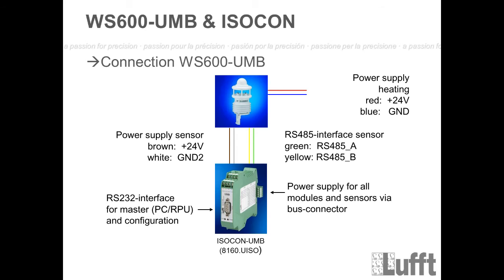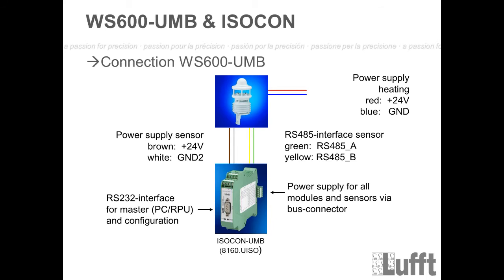Wiring. Connection of a WS600 here, but the connections are all the same for all the different WS sensor types, right? So we have 6 wires in this case. We have 2 wires for the power supply, brown and white. These are always the wires for the power supply. Brown is plus 24 volt, white is ground.